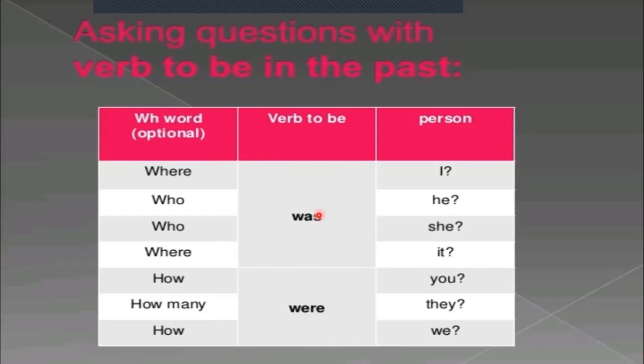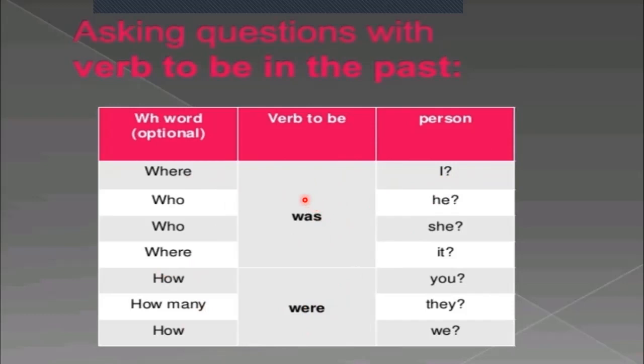We use was with he, she, it, or any singular noun أو أي اسم مفرد. But take care, my students, here we also use was with pronoun I. Again, we use was with subject I. We say was I. So this question consists of WH word plus verb to be, was or were.